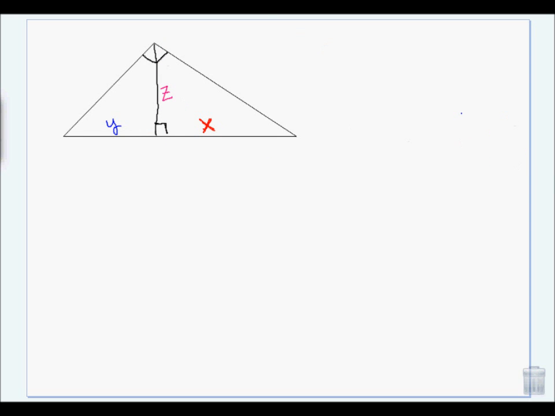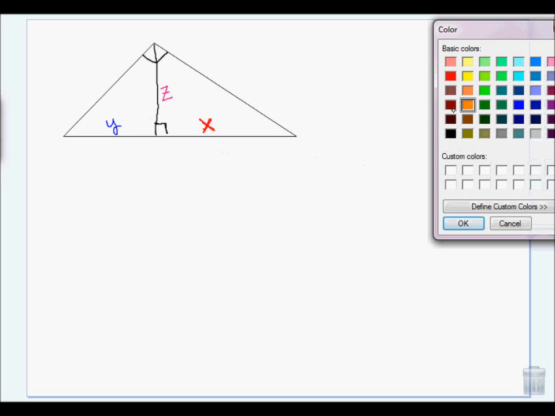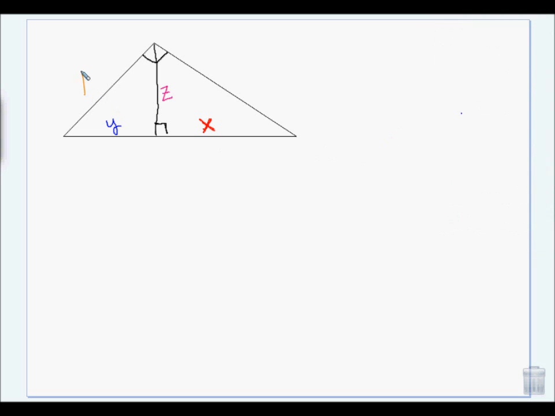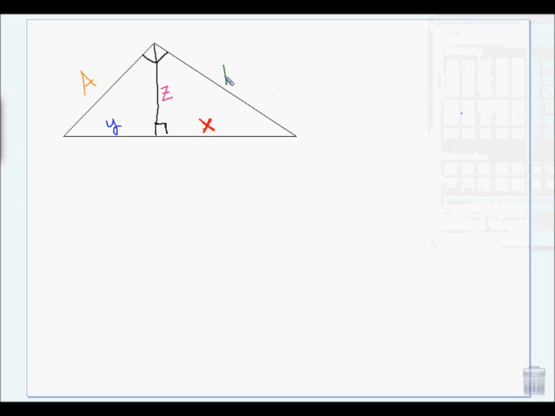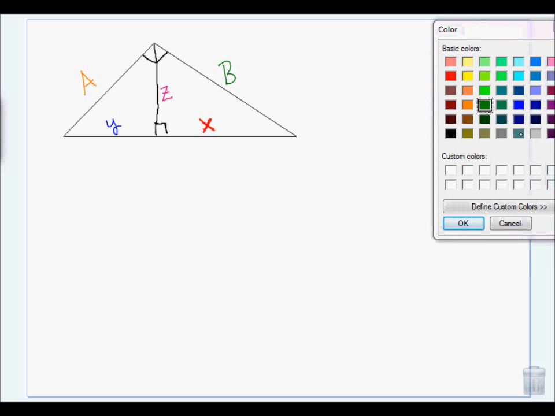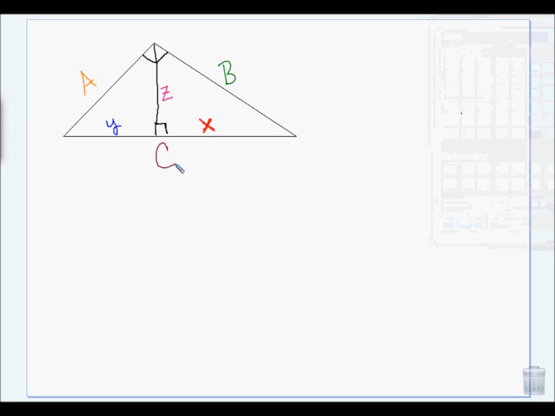And then the side lengths of the main triangle, A, B, and C. Okay?